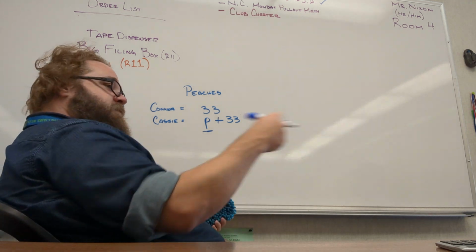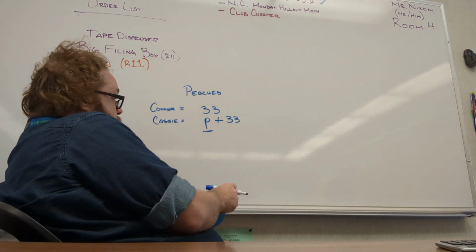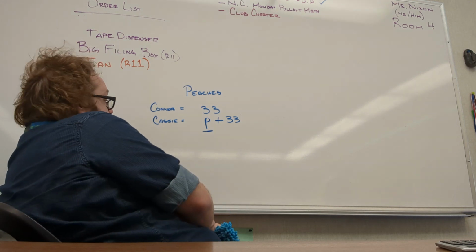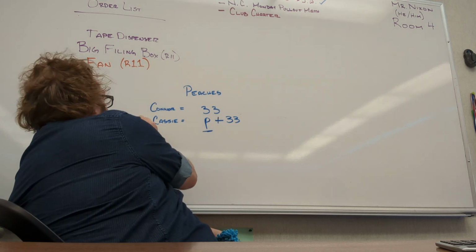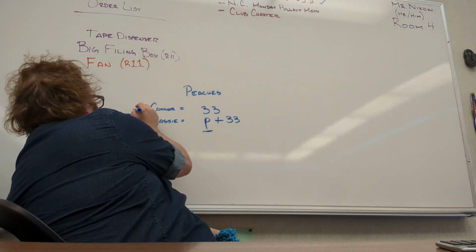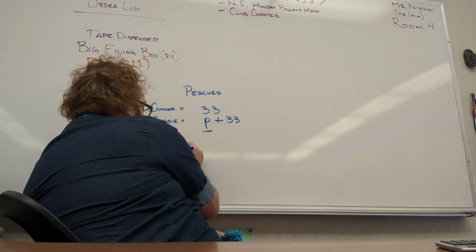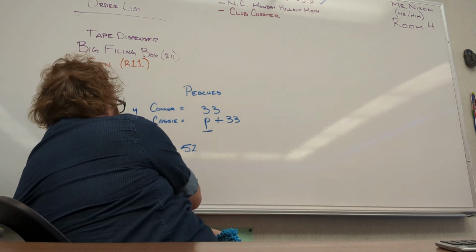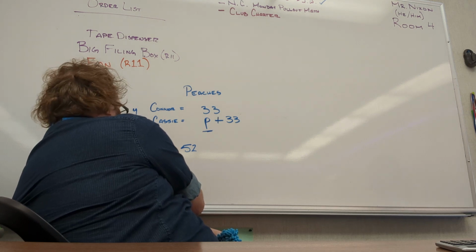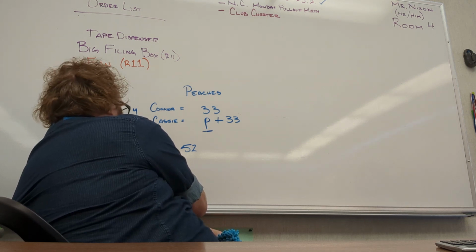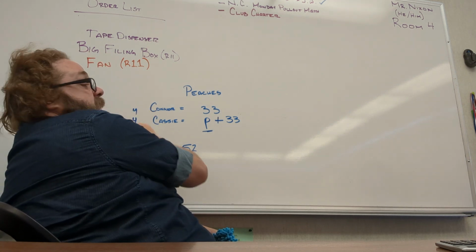Cool. What's our next part of the problem? Suppose Cassie sold 52 peaches today. Explain how to write an expression for the number of peaches Connor sold today if Cassie still sold P more peaches than Connor. Okay, so I put a Y next to these so we know this was yesterday, right?